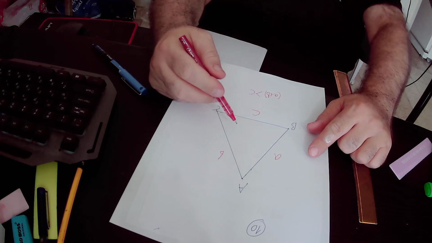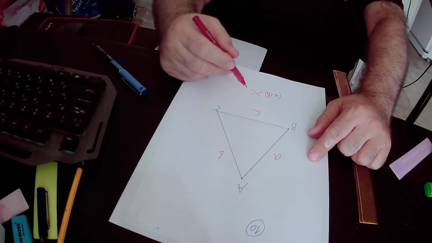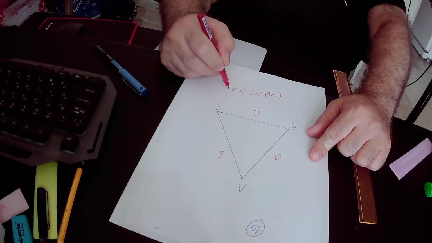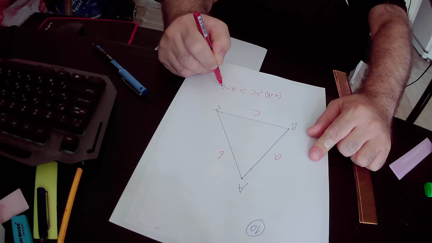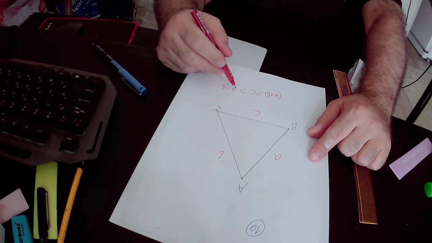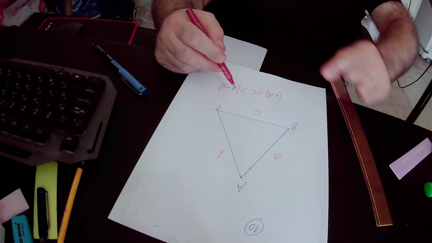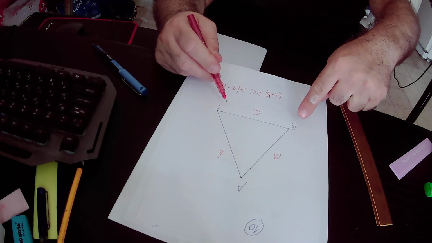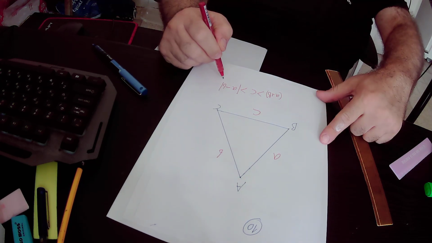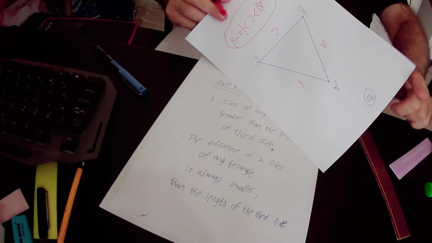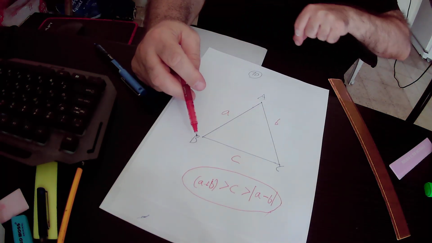So the difference of two sides of triangle ABC is A minus B. A minus B will be always smaller than the length of the third side, that is to say smaller than C, or the absolute value of A minus B will be always smaller than C. Okay, so that is the meaning of rule number 4 in terms of equations.